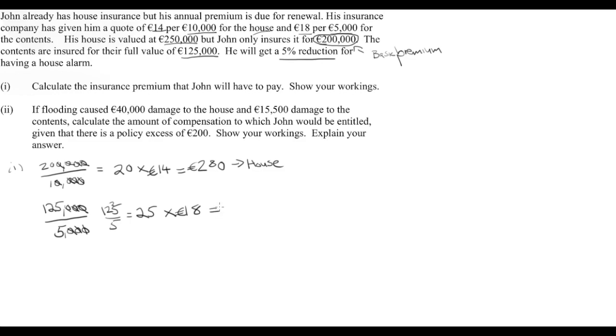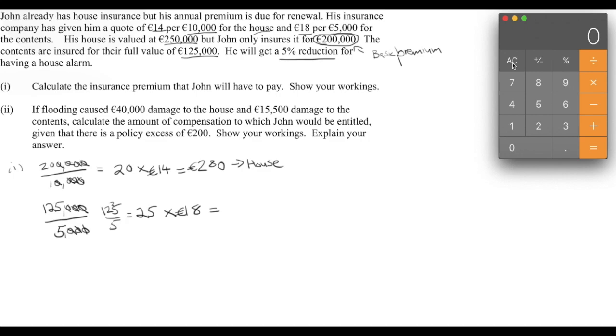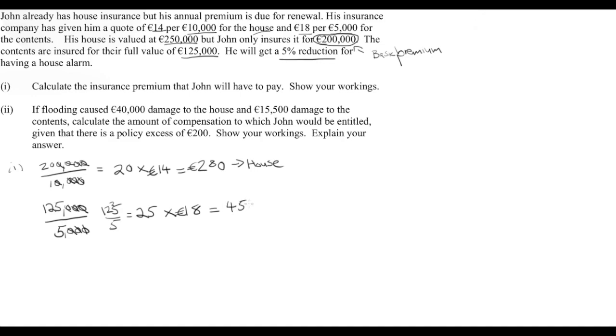Now I'm going to use a calculator for this one. We multiply 25 by 18. That gives us 450. So we'll write down 450, and that is the contents.